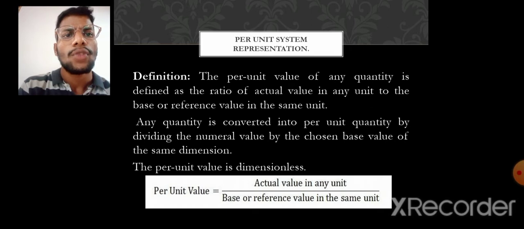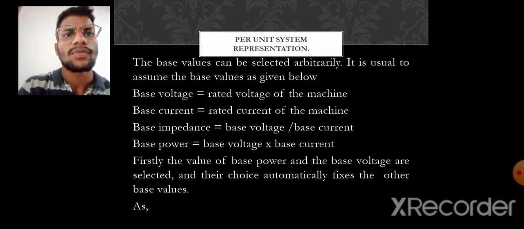The per unit value is dimensionless, and per unit value is equal to the actual value in any unit divided by the base or reference value in the same unit, and the base value can be selected arbitrarily.